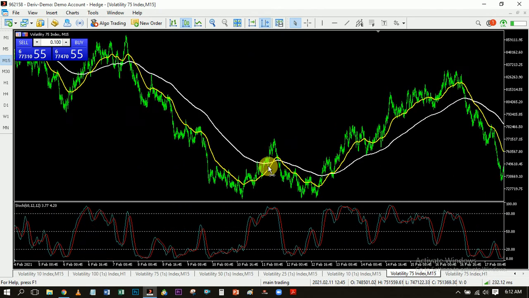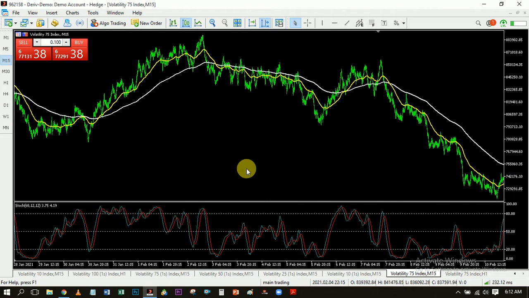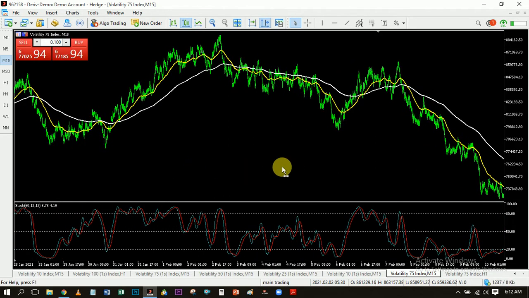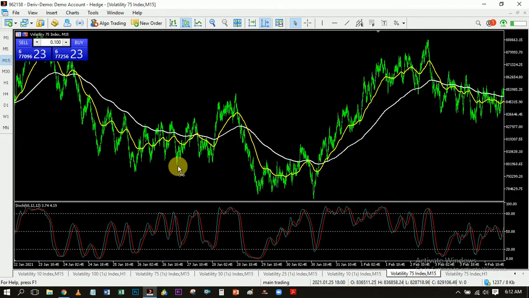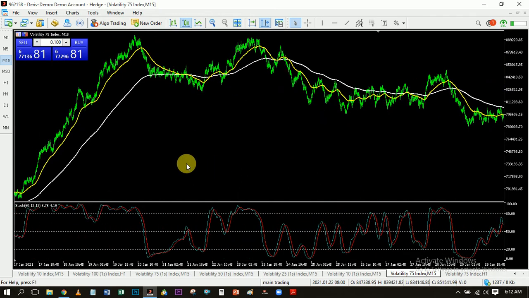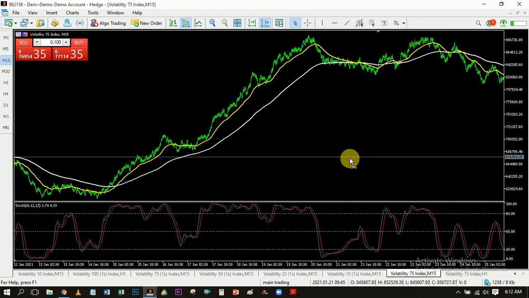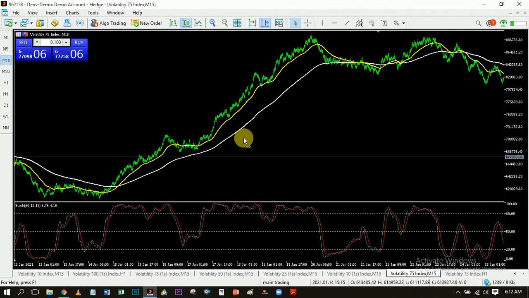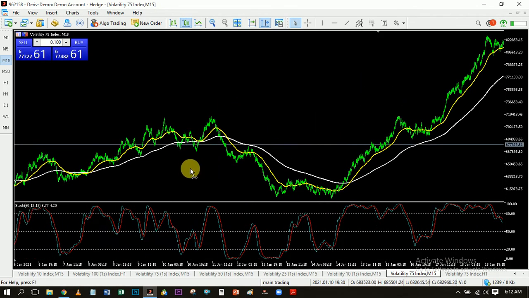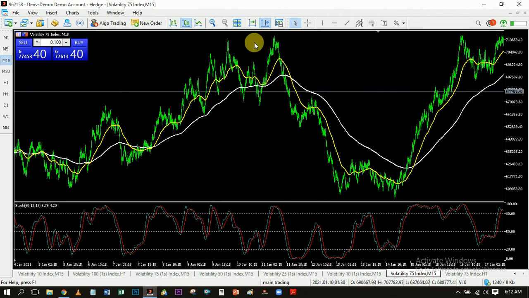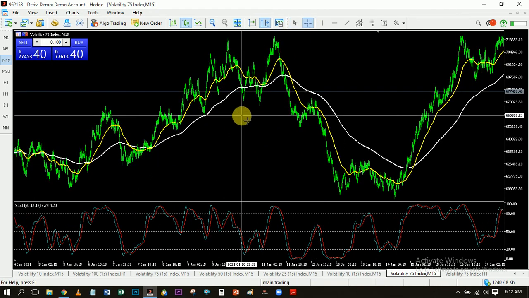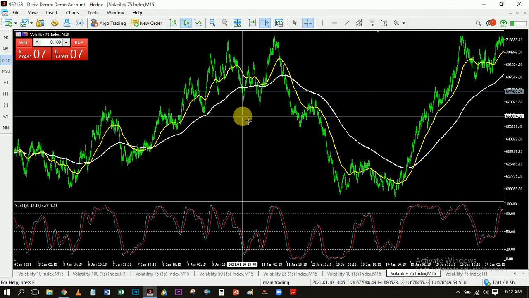So let's look for a buy scenario so that we can actually understand this strategy properly. All right, I think I have one right here. Now you can see this buy here.